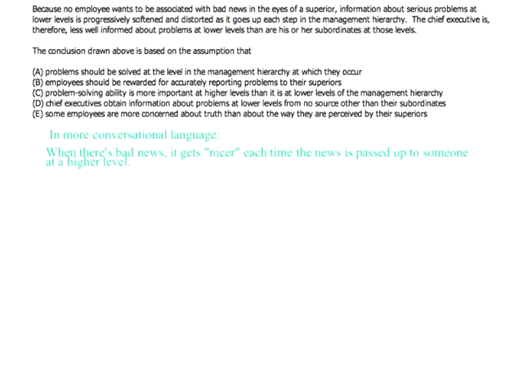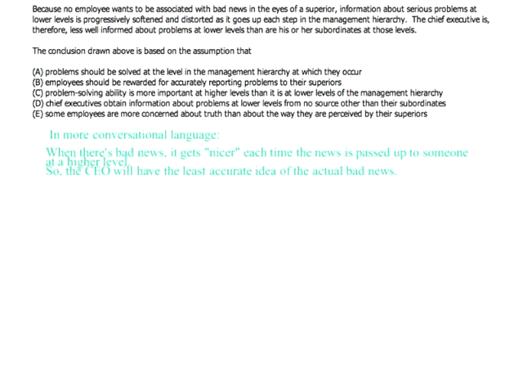So therefore, the CEO will have the least accurate idea of the actual bad news. That's pretty much what this says. The logic here is that every time the information is passed up, it gets more distorted.